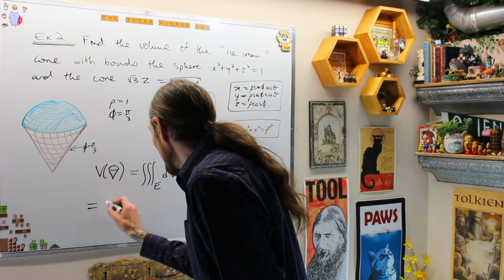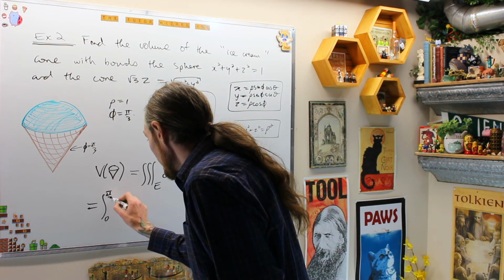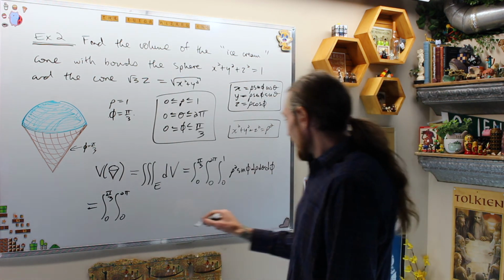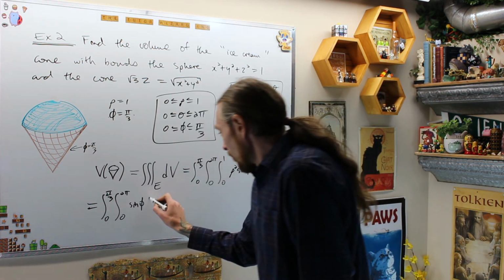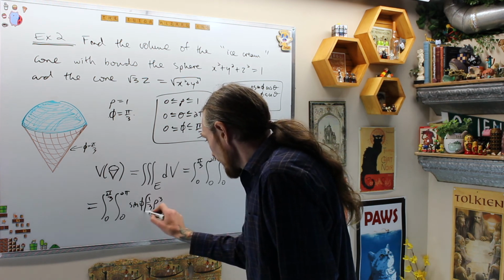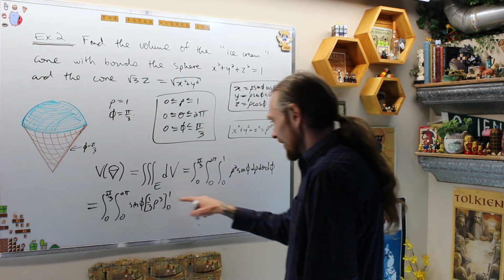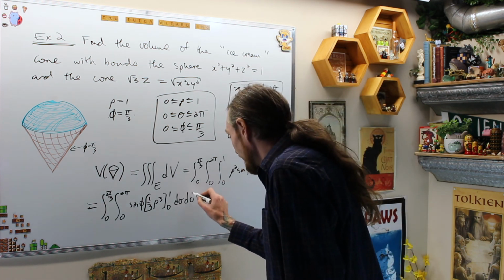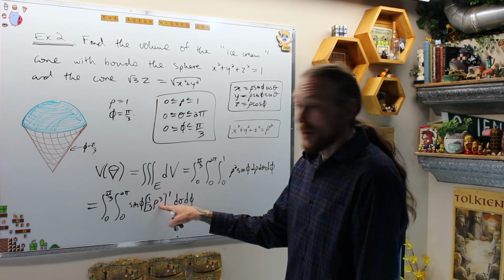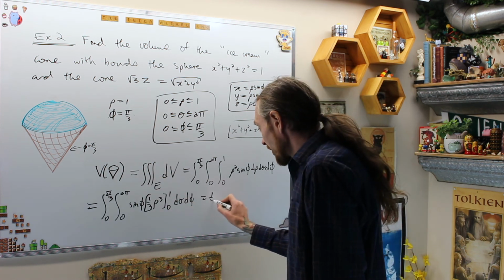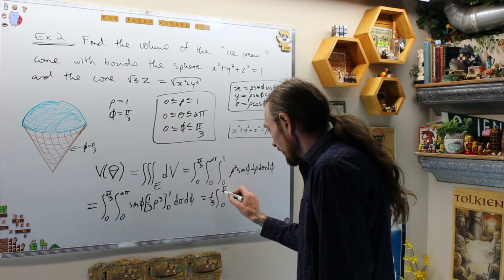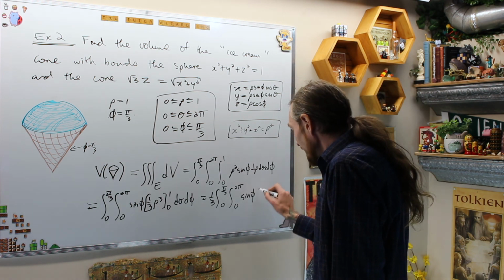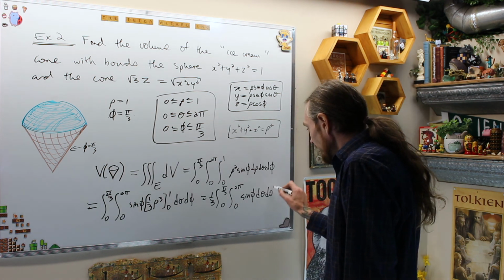This is going to give me the integral from 0 to pi over 3, the integral from 0 to 2 pi. I'm doing d rho first, so that gives me sine phi times 1/3 rho cubed evaluated from 0 to 1. Oh, I like that. You should see the bounds in Cartesian. d theta d phi. This gives me 1/3 the integral from 0 to pi over 3, the integral from 0 to 2 pi of sine phi d theta d phi.